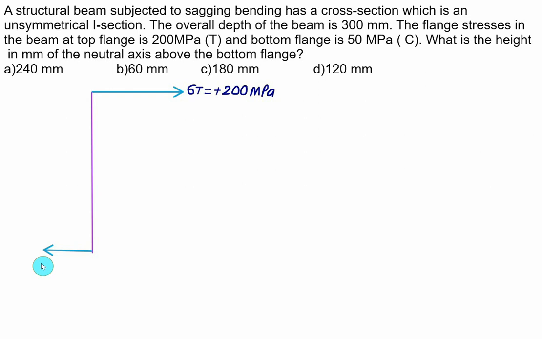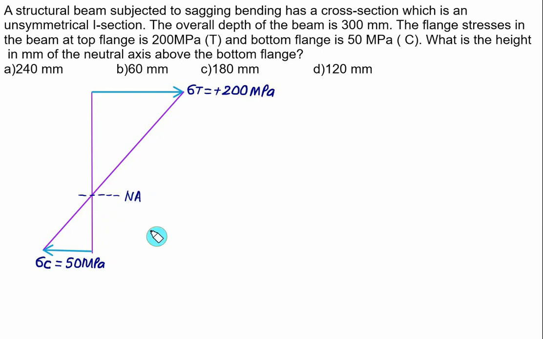And at the bottom fiber the stress is compressive in nature, and this value is equal to 50 megapascal. So sign convention will not be followed. To find the neutral axis, we join the tip of the tensile stress with the tip of the compressive stress, and where the distribution line intersects the vertical, that will be the location of the neutral axis.